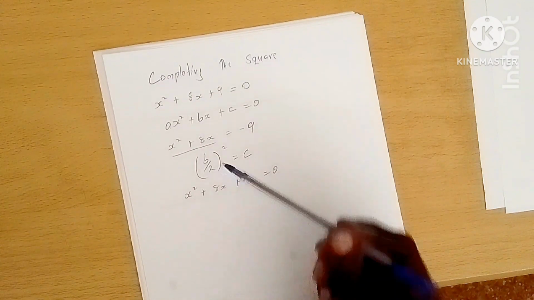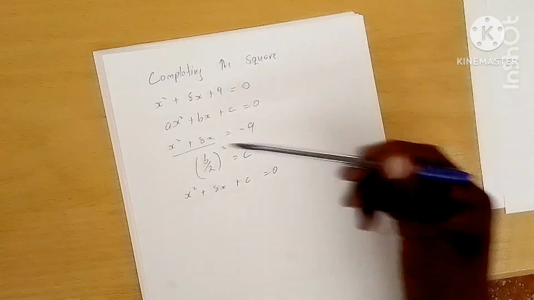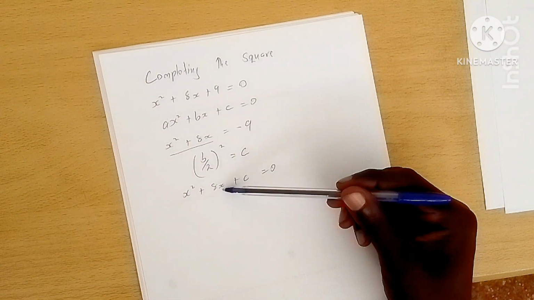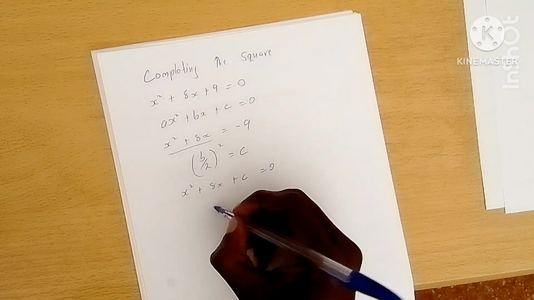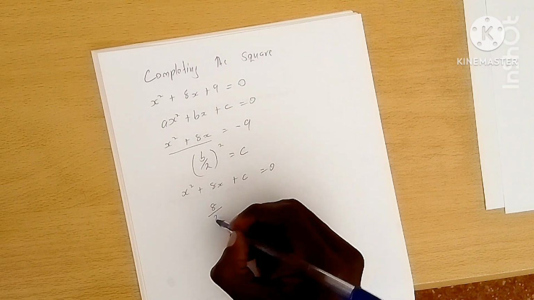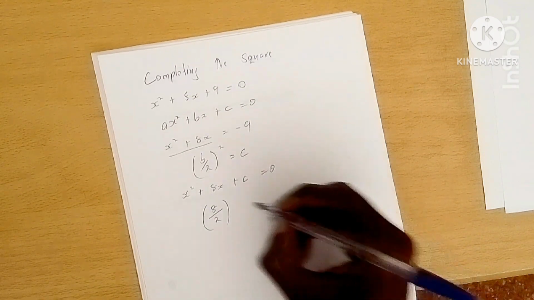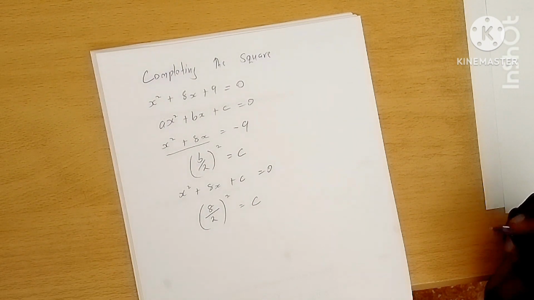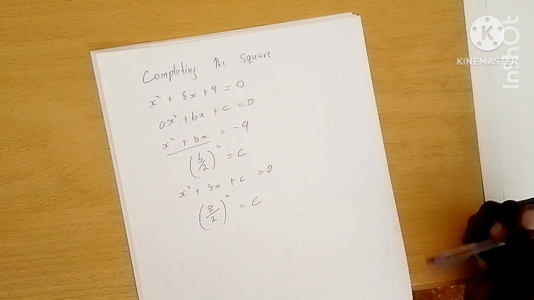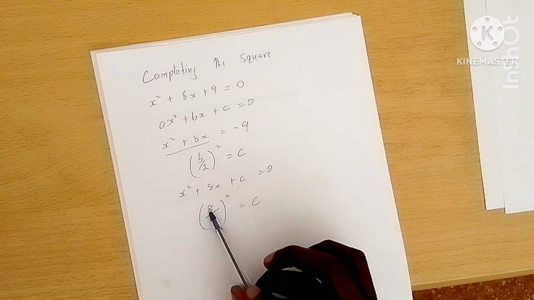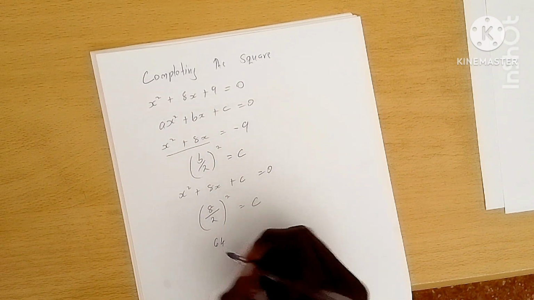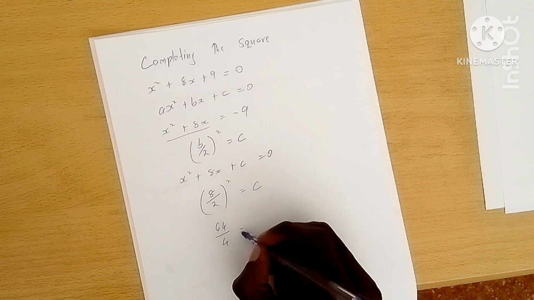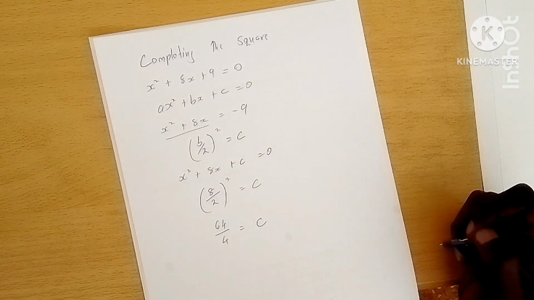As I stated earlier, b represents the coefficient of x, and our coefficient of x here is 8. So we're going to have 8 over 2, then you square that, equal to our value of c. So when you square 8, we get 64, divided by 2 squared, which is 4, equal to c.